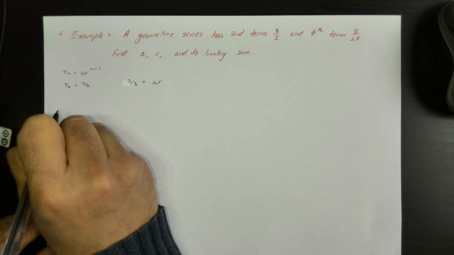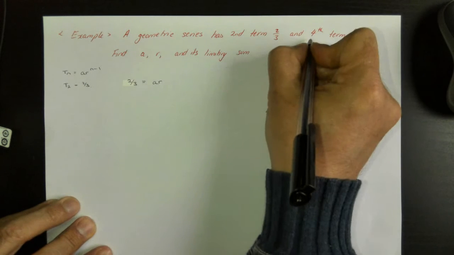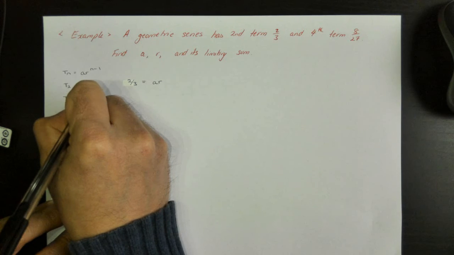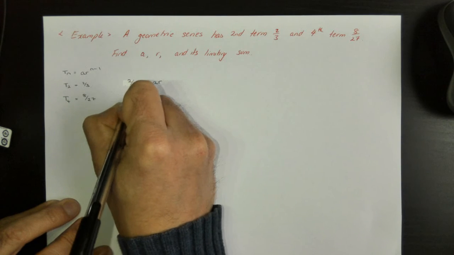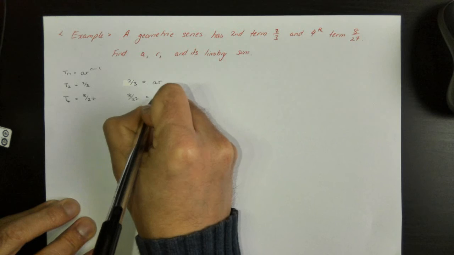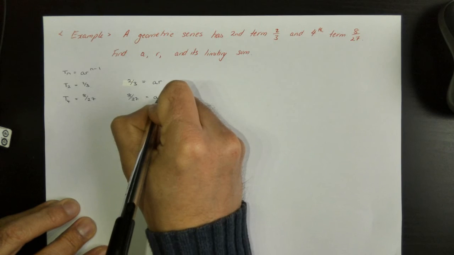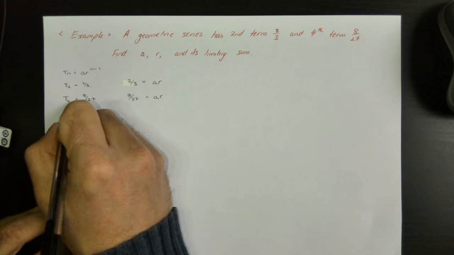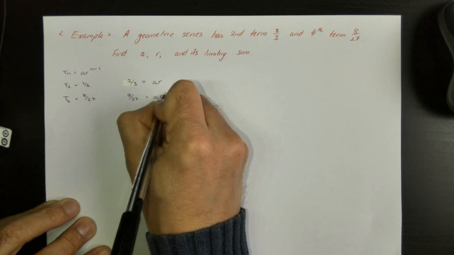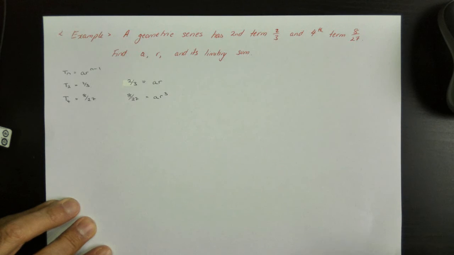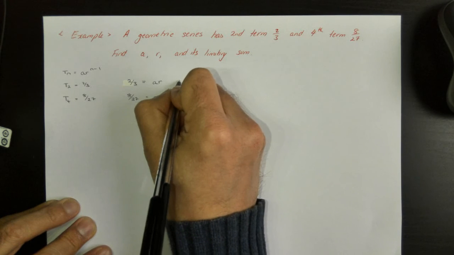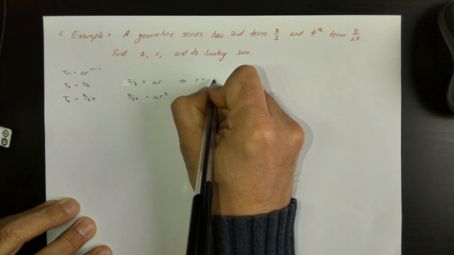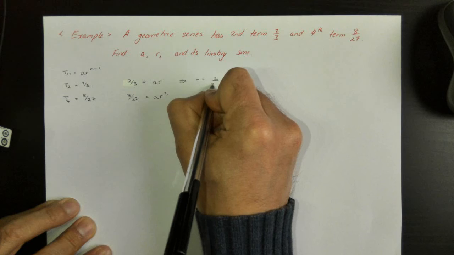Now the fourth term is 8/27. So we don't know what the first term is, we don't know what r is, but in this sense that's going to be 4 minus 1, so it's 3. Now from this formula, really r is equal to 2 over 3a.